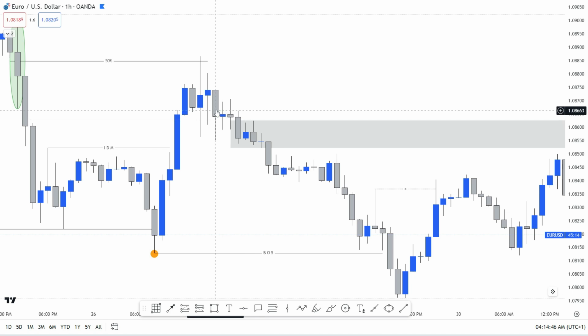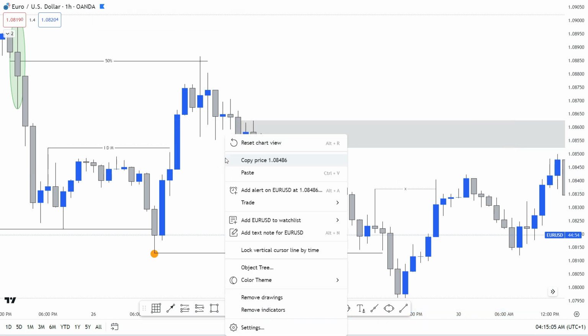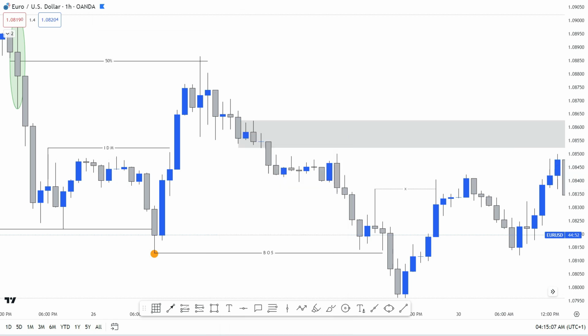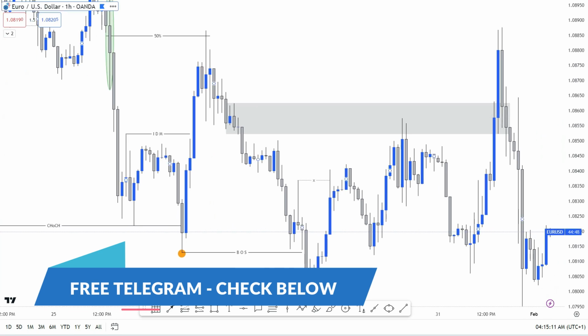Okay, this one mitigated the other one, this one mitigated this, and this one didn't mitigate this. Okay, this swept this other high, which means this is our valid order block. And the next candle, which is this one, doesn't mitigate this one, right? So that's why that's our valid order block. It's quite simple. So we project that to the future.